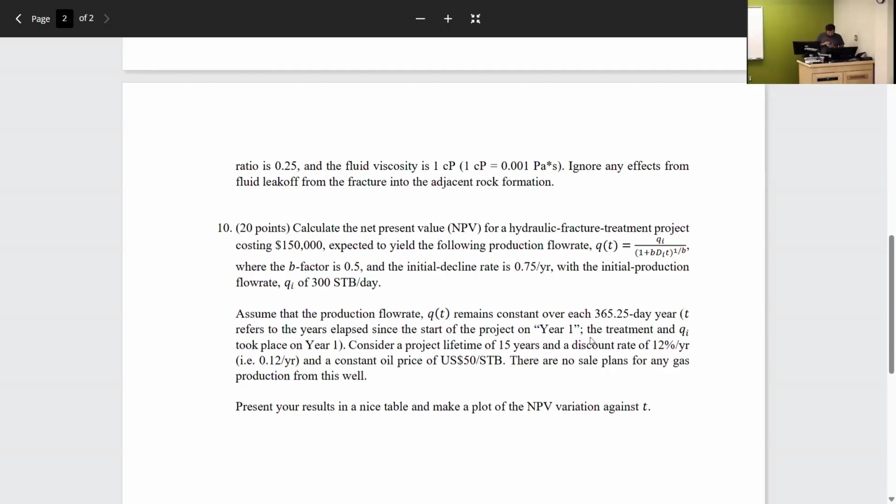See it, homework. Because it's year one, it won't be discounted. So 300 stock tank barrels every day.